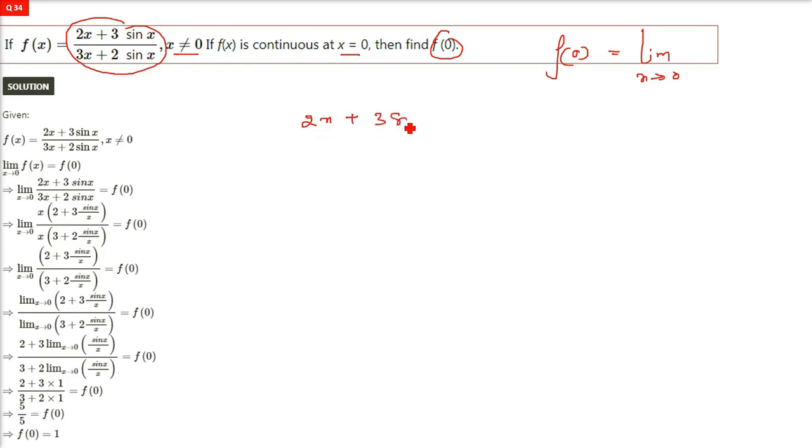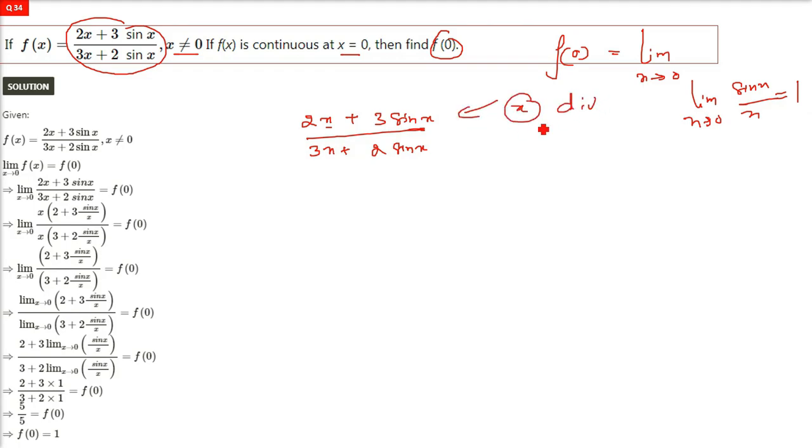This is the function we are talking about: 2x plus 3 sin x divided by 3x plus 2 sin x. Since we can divide the numerator and denominator by x, the x gets eliminated and we get sin x by x. And we know that limit x tends to 0 of sin x by x is 1.